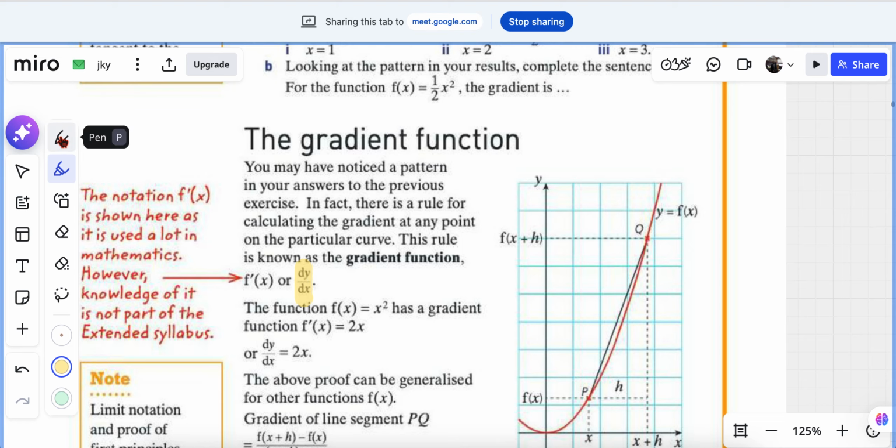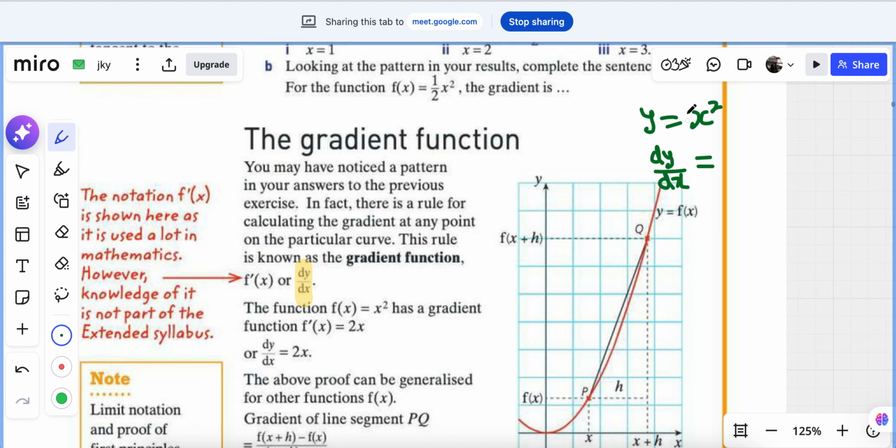For example, if I give you y equals x squared, a quadratic graph, and I say differentiate this, it means I will say dy over dx. It means you are finding the change in y over change in x. So if I say differentiate, you are going to find the gradient.